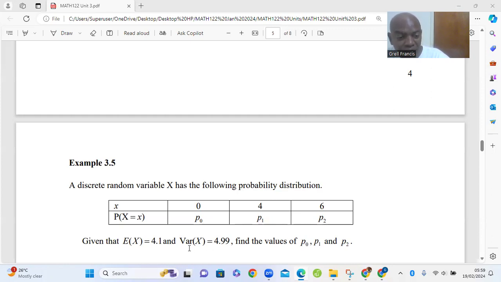So now it appears that the expected value, which is the mean, was provided and the variance was provided, 4.1 and 4.99 respectively. And we are required to find the values of p sub 0, p sub 1, and p sub 2. So we have to use this information to find them. We know for sure the formula for expected value is the sum of the products of each value and its corresponding probability.